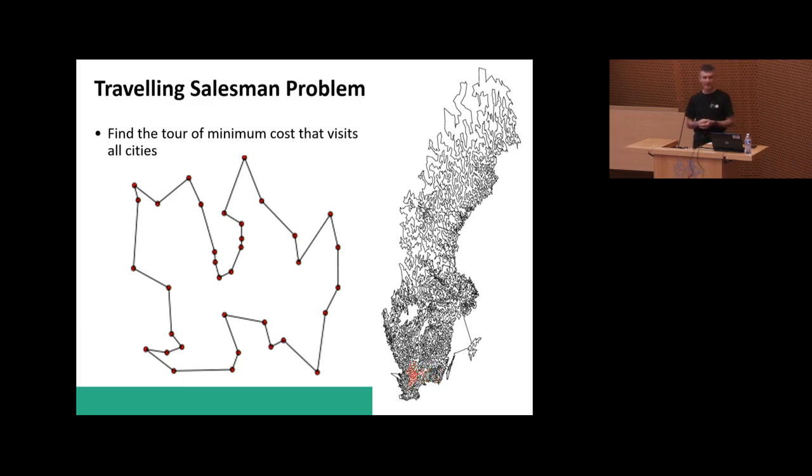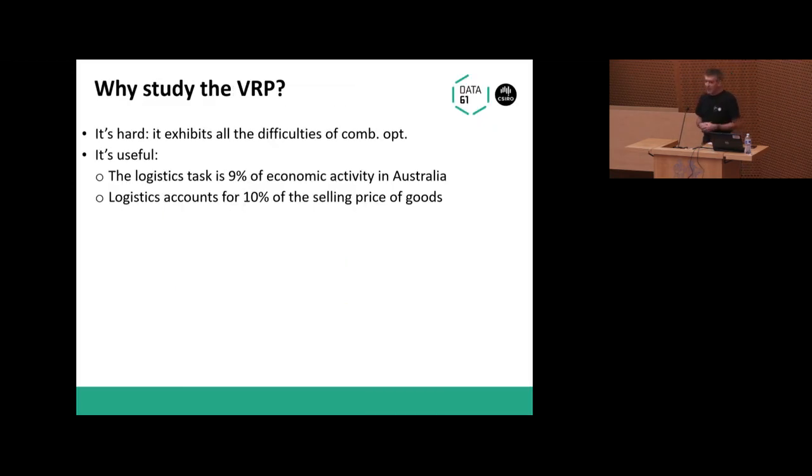And it took a mere 88 CPU years to calculate that exact tour. Okay, and you can see that once I've made an assignment of customers to vehicles, I'm solving a TSP in each of those vehicles. So why do we study the VRP?